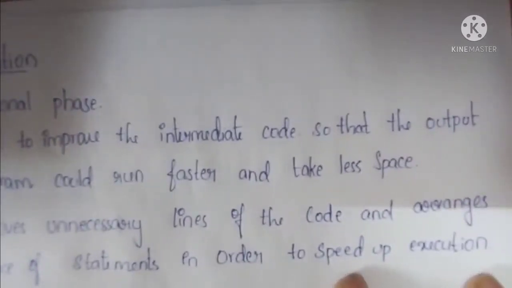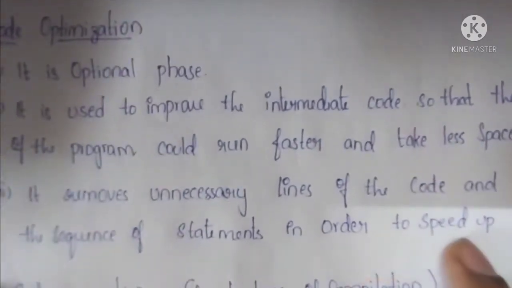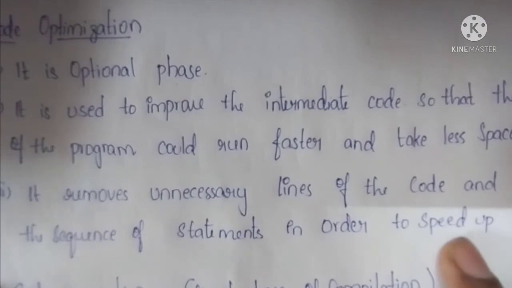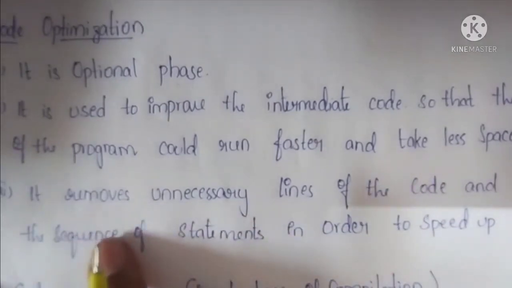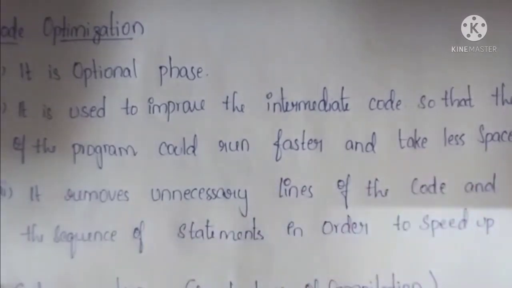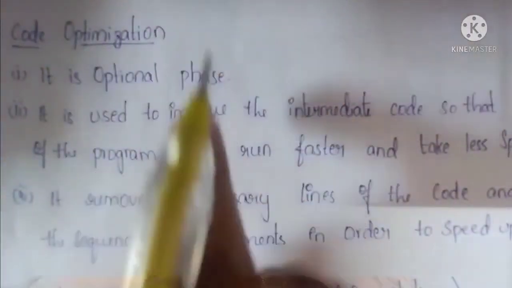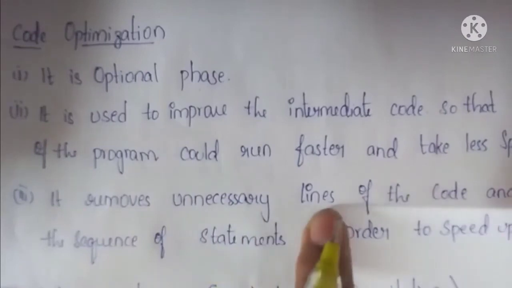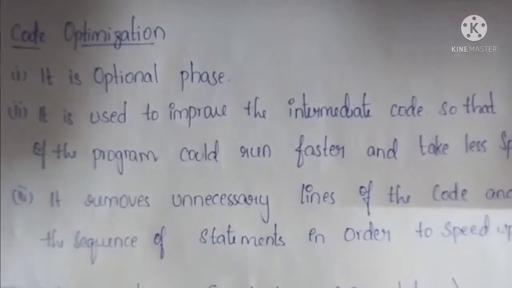If we keep all the unnecessary statements in our program, it will take a very large time to execute. So this is the role of code optimization: it removes the unnecessary lines and keeps our program ready for faster execution.